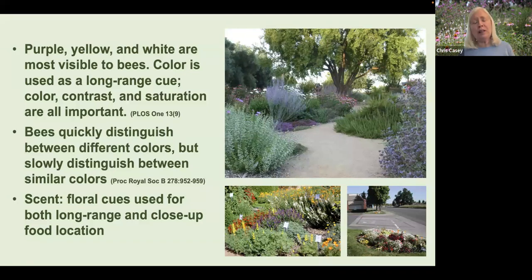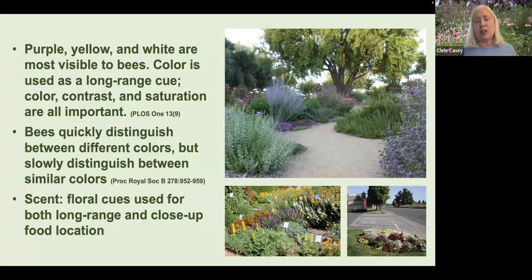Color is used both as a long-range cue. For example, bees moving in air currents above a garden might see those blocks of color and drop down to investigate. Contrast is also important. So having plants with different color flowers next to each other can help bees to pick out flowers out of a very complex environment.